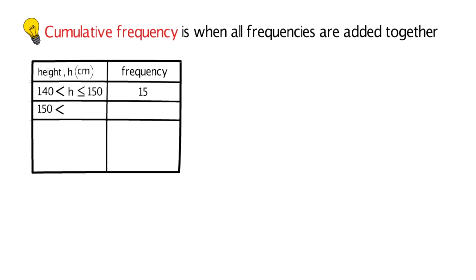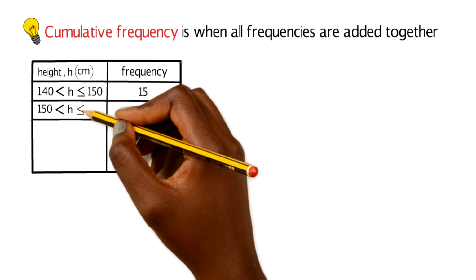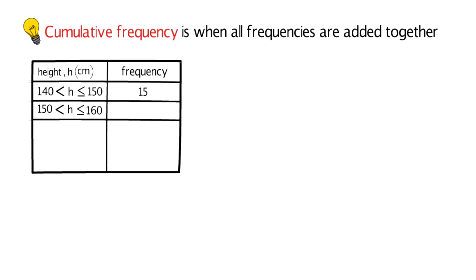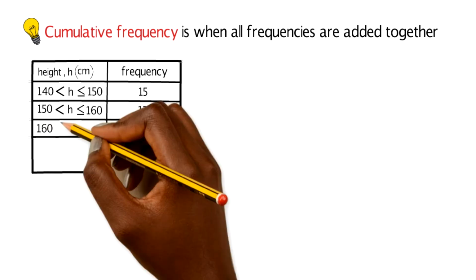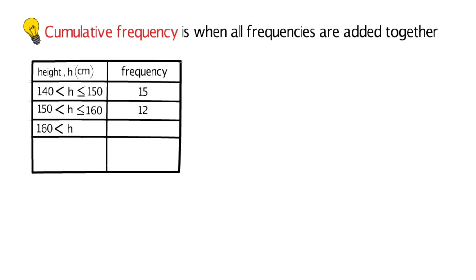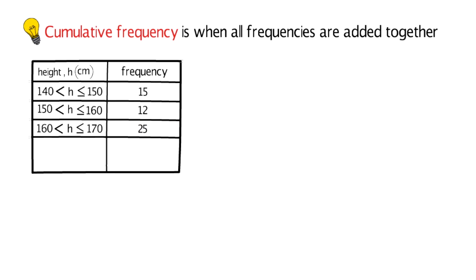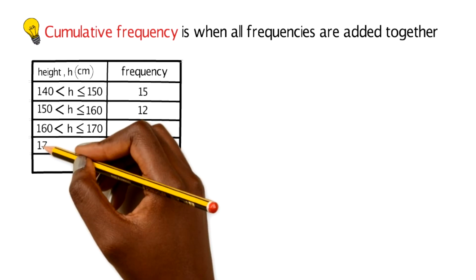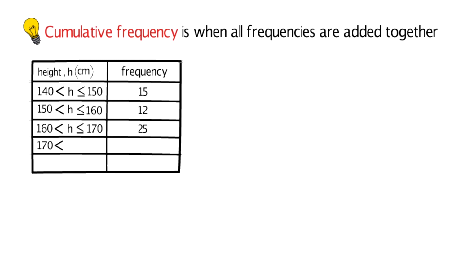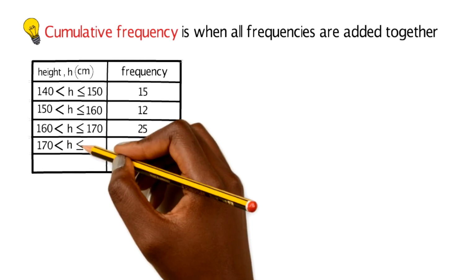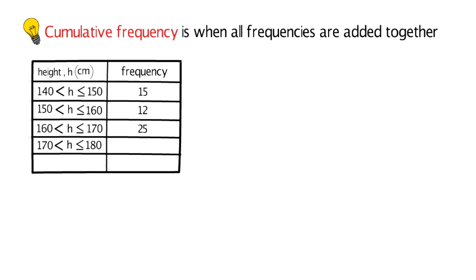So I'm filling in the class interval on the left hand side as usual, and then your frequency you would usually see on the right hand side. So just filling it all up now.